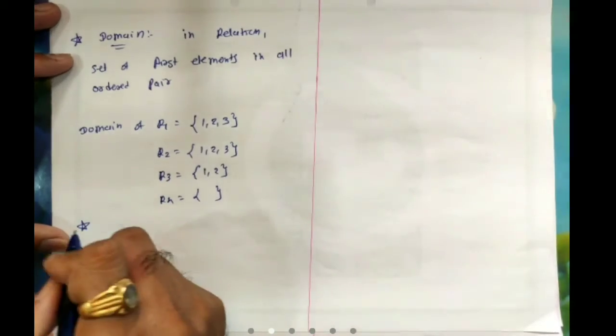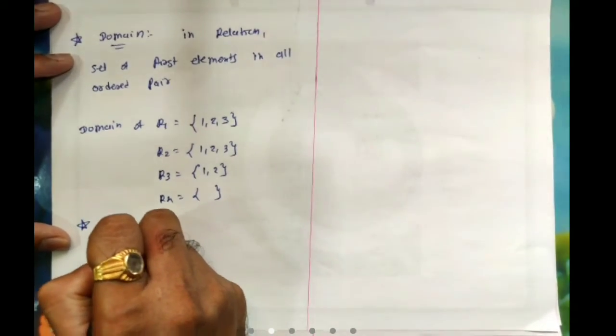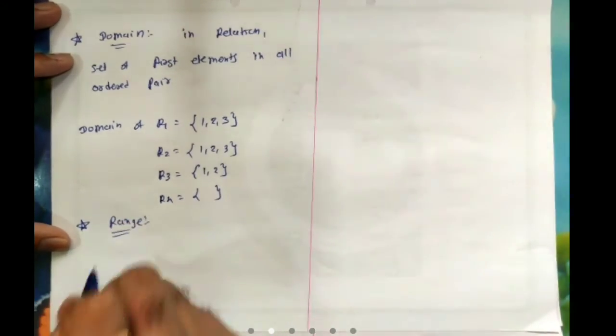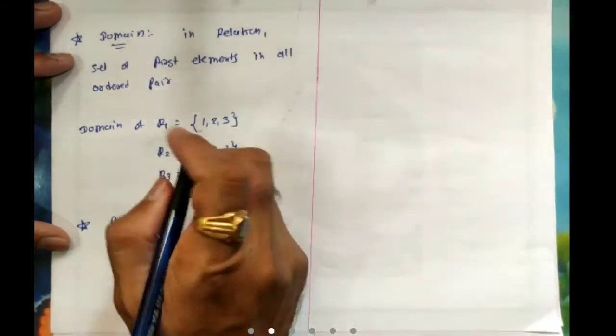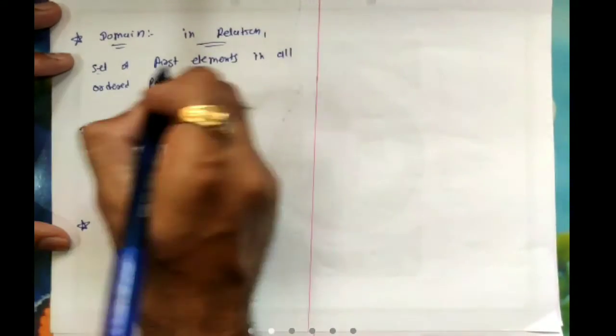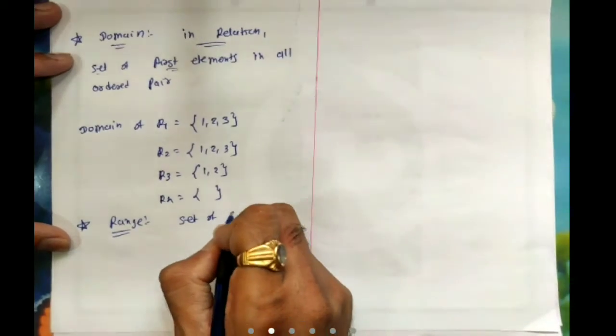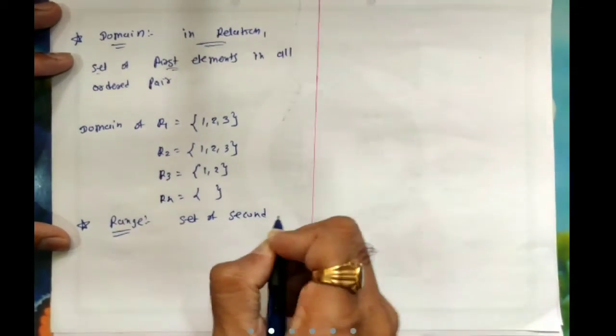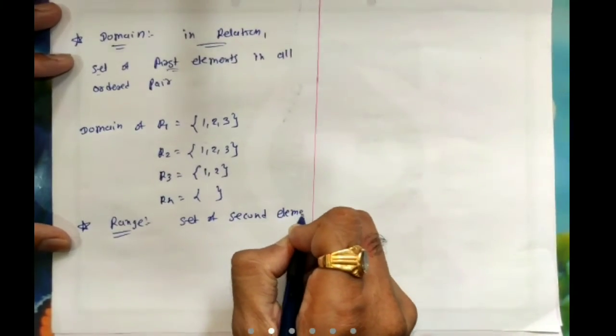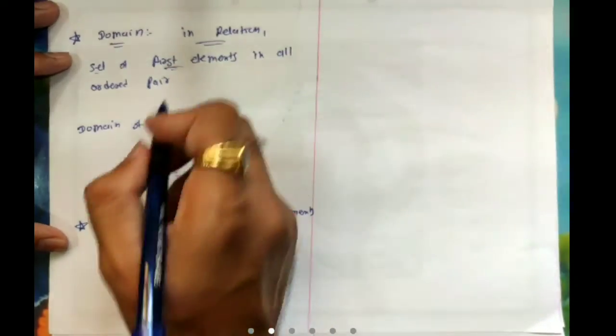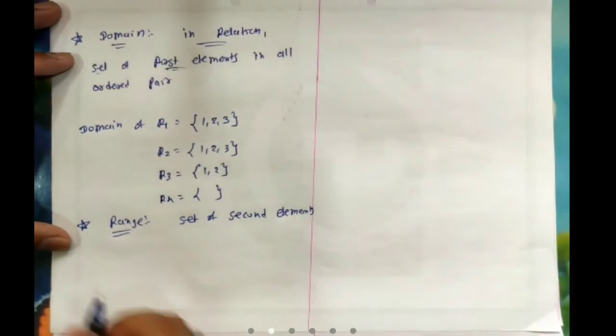And similarly, range is there. Range of a relation. So what is range? In a relation, the set of second elements in all ordered pairs is known as the range.